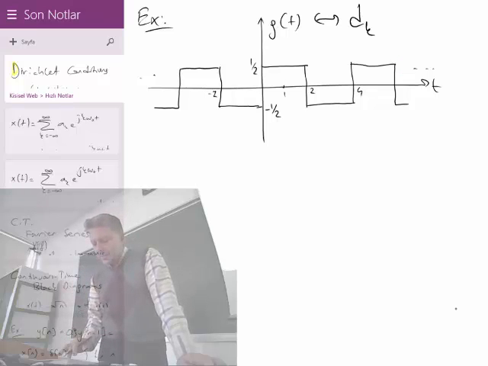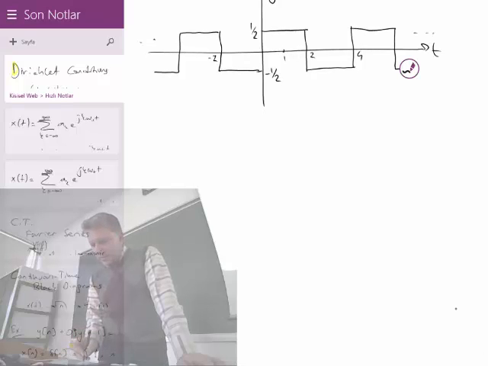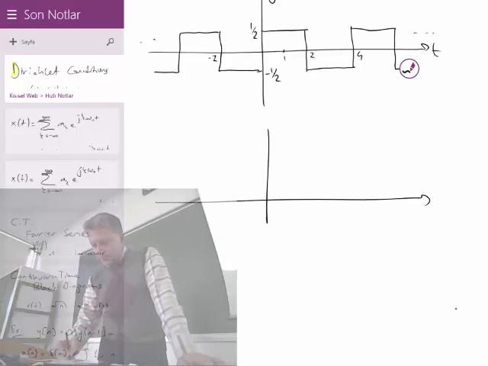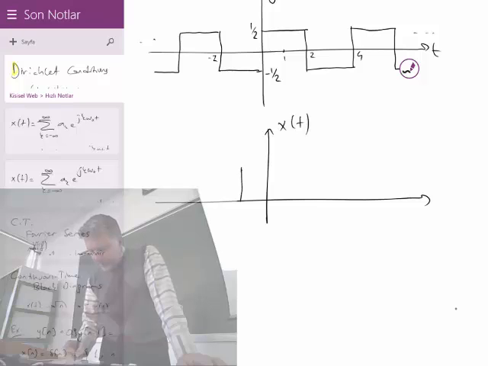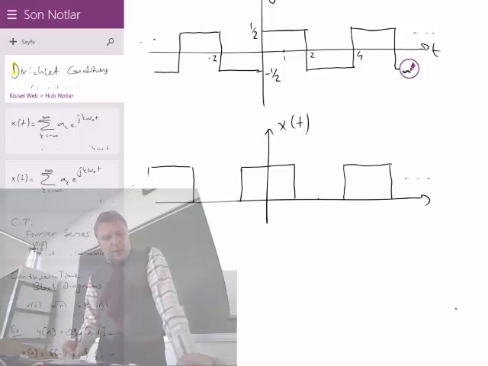The starting signal to achieve this will be x of t, which is the one that we already know. It is this, where these points are 1, 2, 3, and 4.